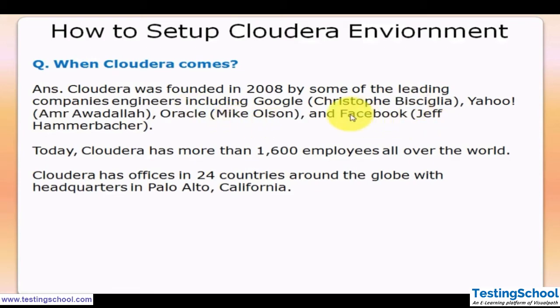These people created the Cloudera environment from its beginning in 2008, and today Cloudera has more than 1,600 employees all over the world and offices in 24 countries around the globe, but its headquarters is situated in Palo Alto in California. So this is the background of Cloudera, so that we know where Cloudera comes from and when it was initiated. It was initiated back in 2008.